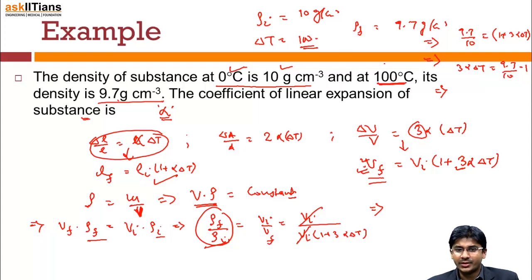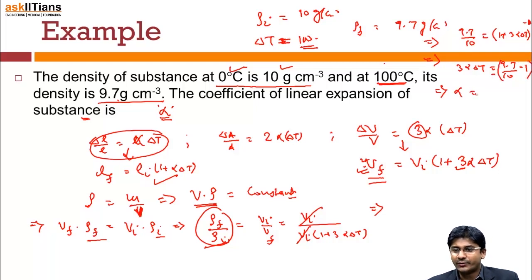Sorry, when you take delta T as 100 and the final density 9.7 by 10, the power is actually minus 1, not plus 1. So 3 alpha delta T will actually be the negative of this.